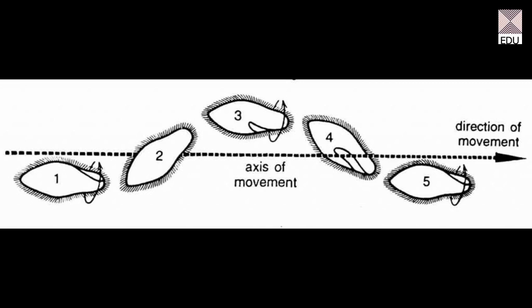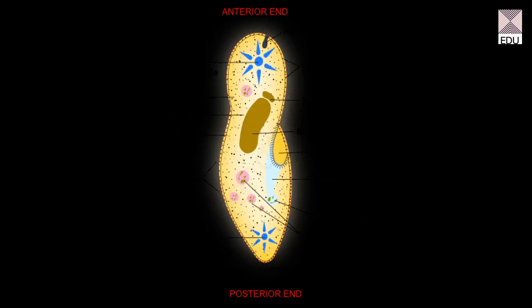Now students, why doesn't it move in a straight line? There are basically two reasons behind this anti-clockwise directional movement. The first is because of the cilia. The reason behind the spiral movement is that the cilia are not exactly moving from the anterior to the posterior side.